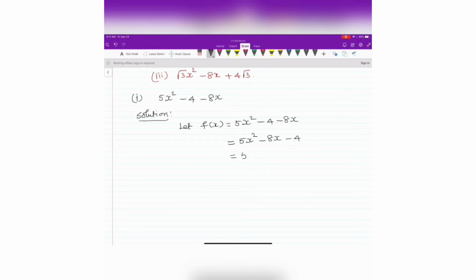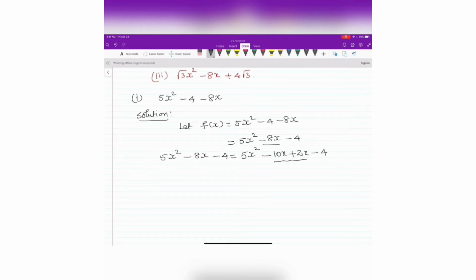So, I can write this as 5x square, and this minus 8x can be written as minus 10x plus 2x minus 4. Let me write here 5x square minus 8x minus 4 can be written like this.